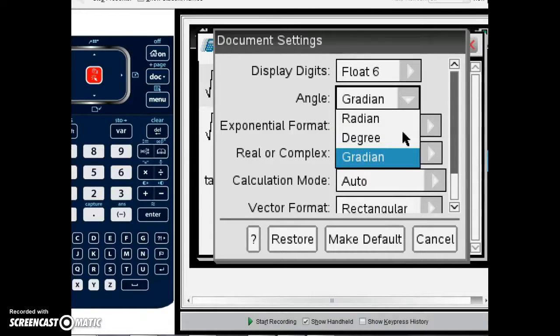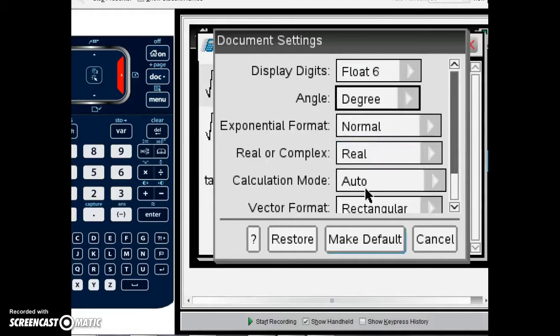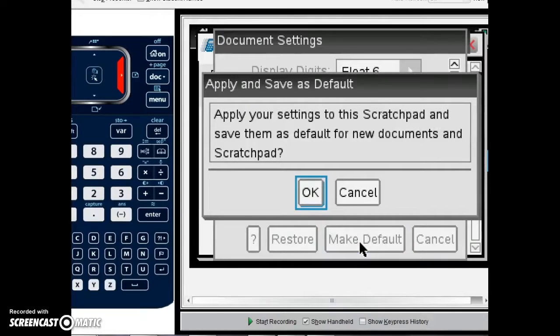I'm already in degrees, so I'm going to cancel it. But let me show you what you would do. Go to degrees, go to make default, and then okay.